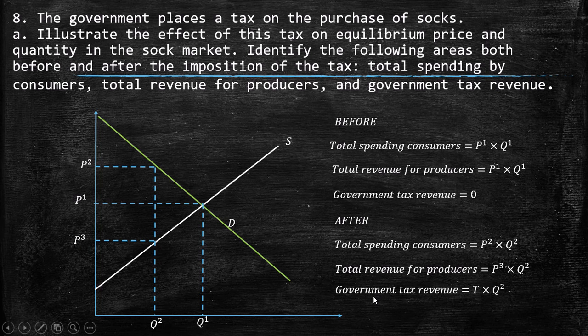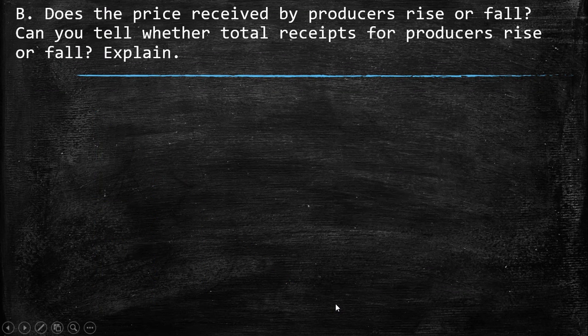And what about government tax revenue? They will receive T, which is the size of the tax, the same as P2 minus P3, times the quantities that there are going to be in the market. So this is going to be Q2. So part B says, does the price received by producers rise or fall?